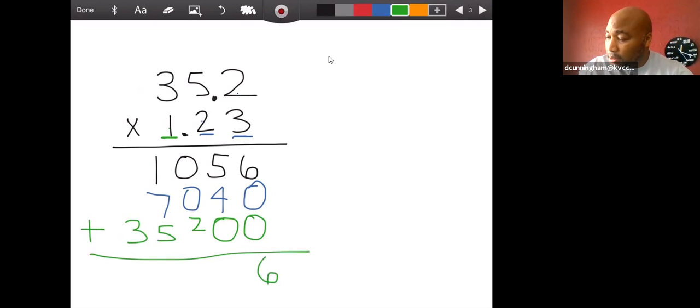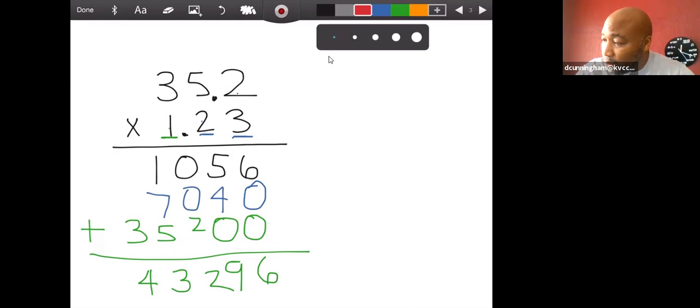So 6, 9, 2, 8, 13, and 4. Now we're not done because we have to count all the values that are to the right of the decimal, the place values. So we got 1 here, 2, and 3.